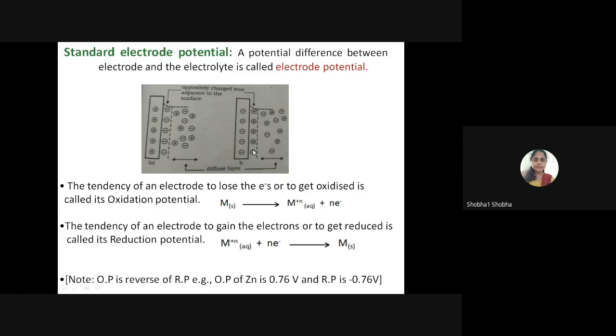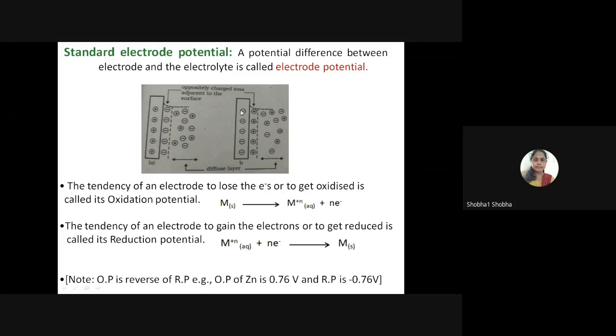Copper plus 2 ions are coming, I mean positive ions are coming at the surface of that rod, thereby showing two different charges: negative charge here, positive charge here. So this generates a potential called electrode potential. This is nothing but the potential difference between the electrode, this is my electrode and this is my electrolyte solution. So thereby the electrode potential is generated.